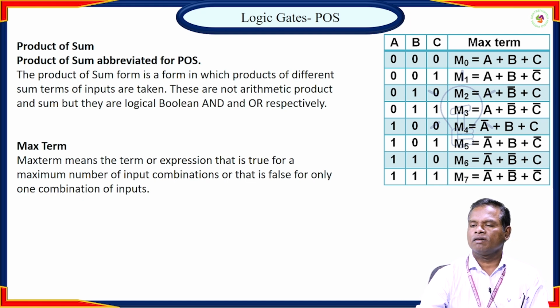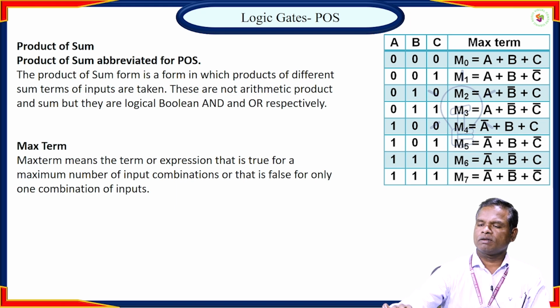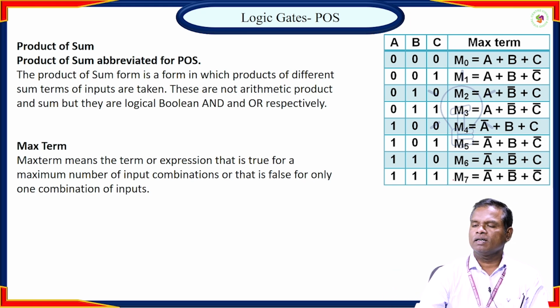The representation of this max term is the truth table. If you observe, the 3 input variables table starting from all zeros to all ones is here, and the representation, previously in min term it is small m0, whereas here it is capital M0. There, if suppose 100, the corresponding term is a b bar c bar, whereas here it is opposite, that means 1 corresponds to complemented form and 0 corresponds to true form.